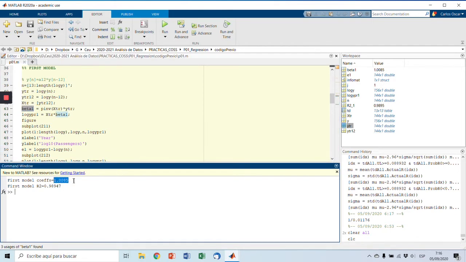So beta in this case is this number. In the logarithmic scale, there is an increase of about 8% every year. So with respect to what happened 1 year ago, there is an increase of 8% in logarithmic units, 0.8%, sorry. So the R squared is really good, it is very close to 0.99.